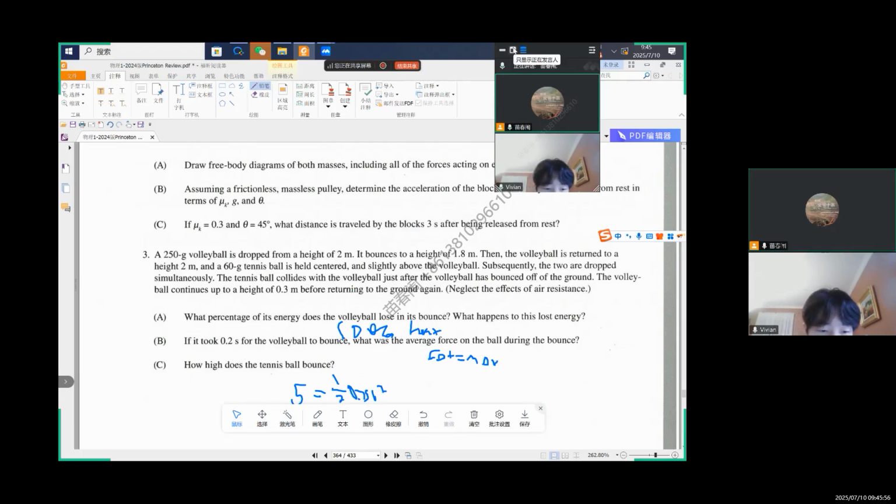So 40 equals v squared. V initial equals 6.325. And V final, it's 4.5.